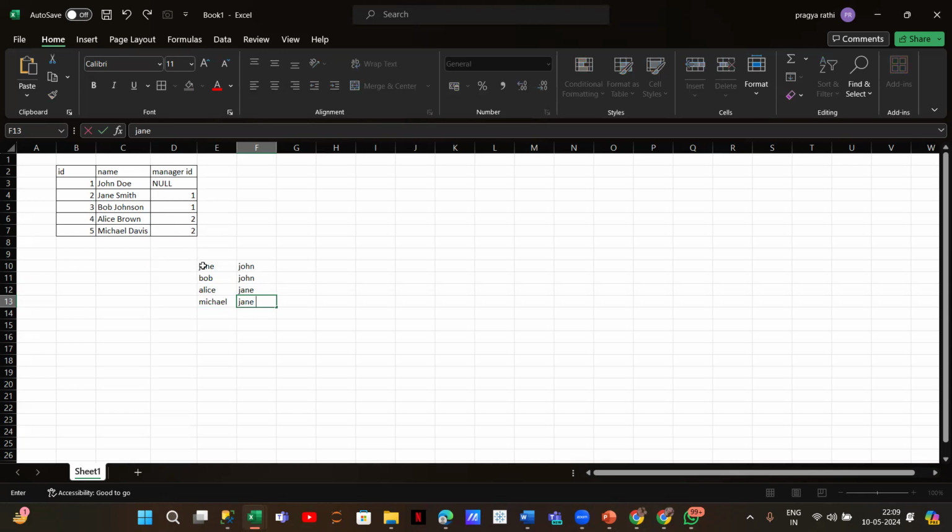So do you analyze the data? Do you get what data is all about? What is this table going to tell me? Okay, so you get that in that table, ID is given as well as the ID of the manager of that person.